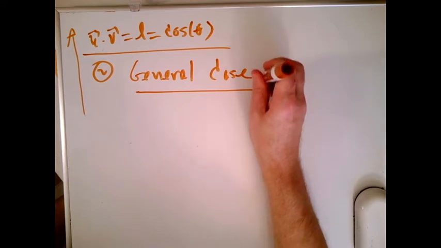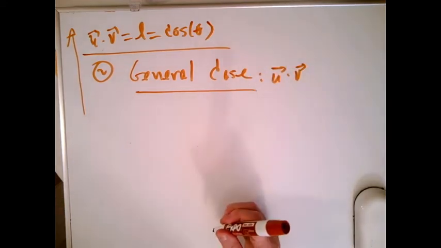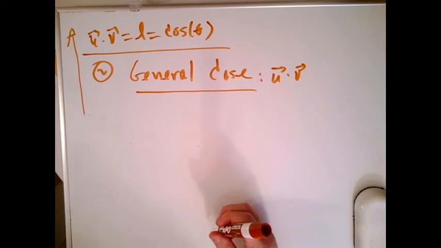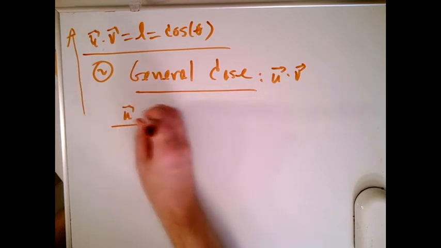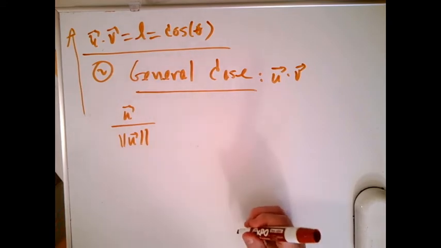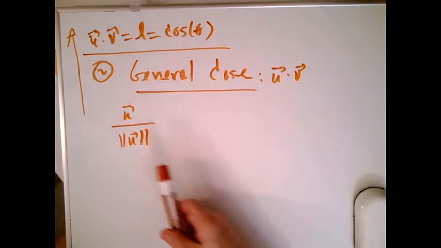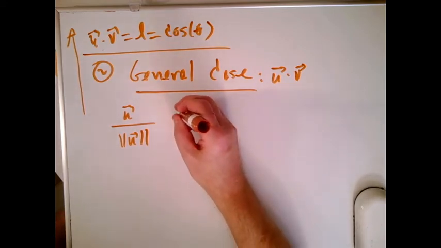if I'm trying to look for a definition of u dot v, well, the rules have to apply. So this is what I'm going to do. If u is not a unit vector, I can turn it into a unit vector by dividing by its length. That's now a unit vector. If it was length 5 before, it's now length 1. I can turn v into a unit vector by dividing by its length.